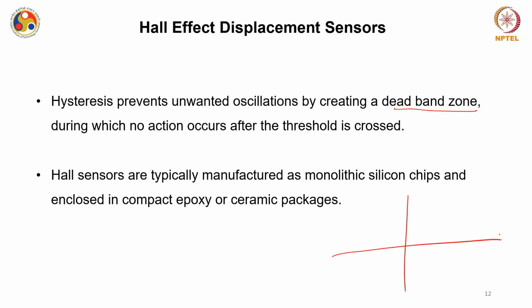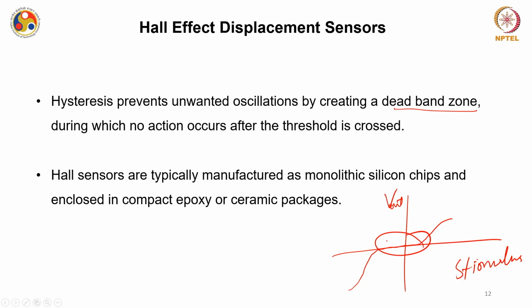In that, we saw that if this is my input stimulus, and this is the transfer function of a sensor in the form of output voltage, V out, versus the input stimulus.